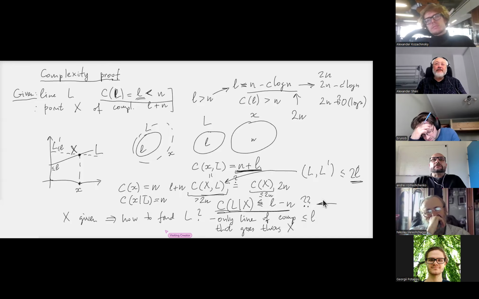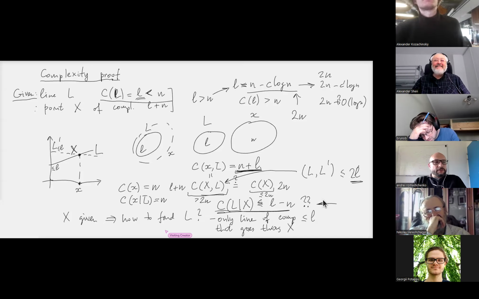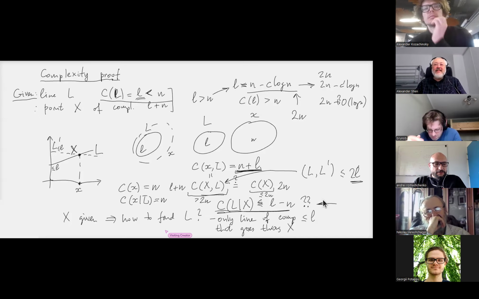May I ask a relevant question? Do you remember that in your combinatorial argument in this inclusion principle, you reduced the size of the set somehow artificially?